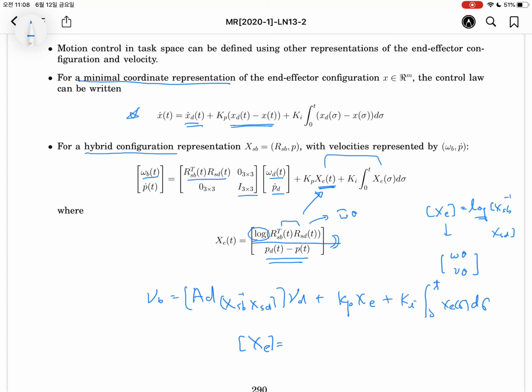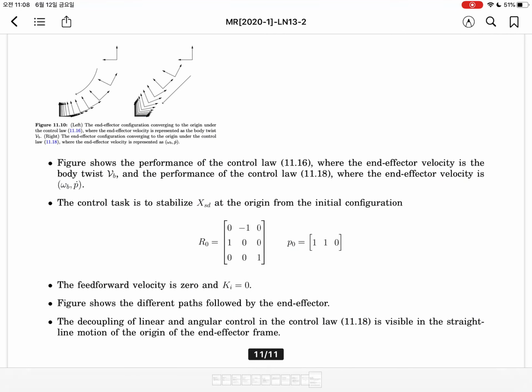In here, XE, the se(3) form, is obtained by log XSB inverse XSD. It means the body frame should follow the XD, and then the difference will be denoted here. So XE is XE, and this XE is a little different between both.